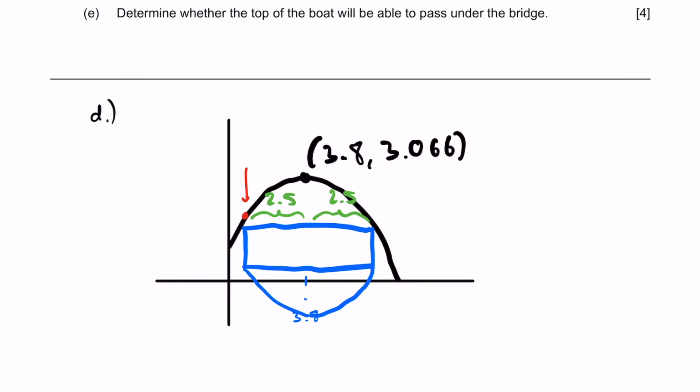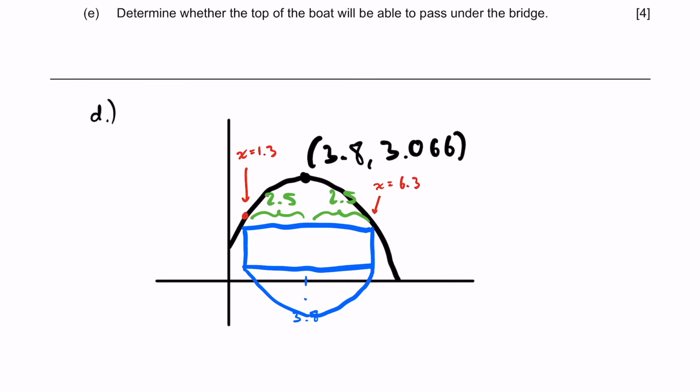3.8 minus 2.5 is when x equals 1.3. And we only actually really need to solve for 1, but if we wanted to generalize, we could ask the same question and say, what is the height of this bridge when x equals, now we have 3.8, which is this midline, plus 2.5. So this would be 5, that would be 6.3. So we only need to find one of these.